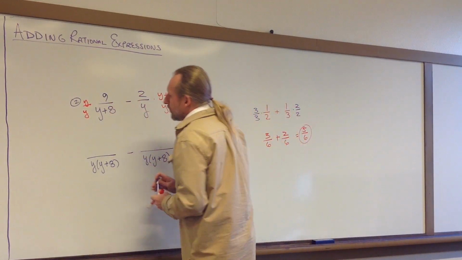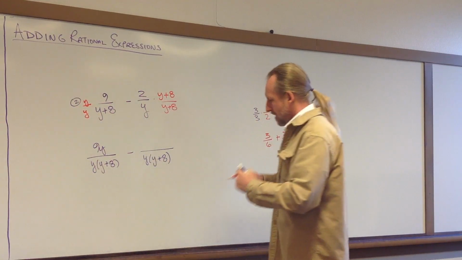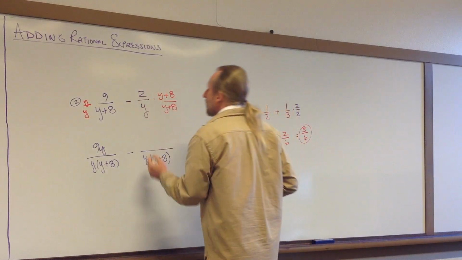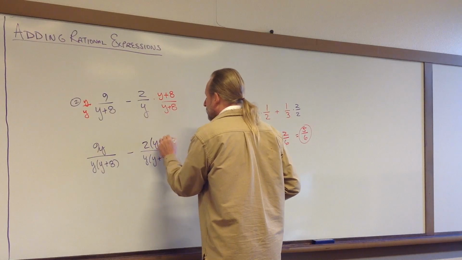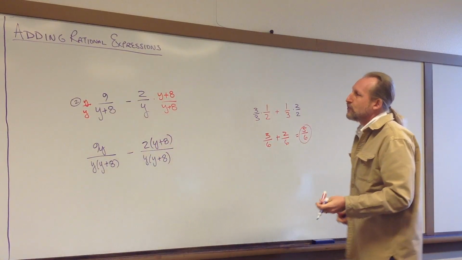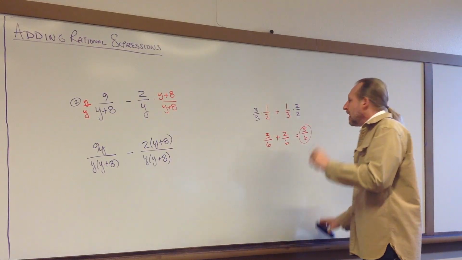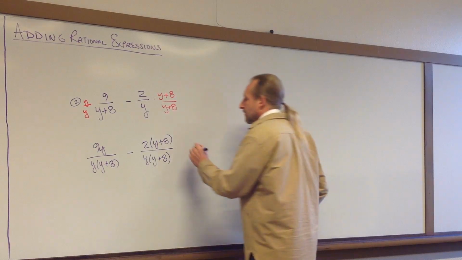So here we get 9 times y is 9y, and over here I'll do this as 2 times y plus 8, okay? You can distribute that and call it 2y plus 16 if you want to, but there's something else to watch out for if you end up doing that.